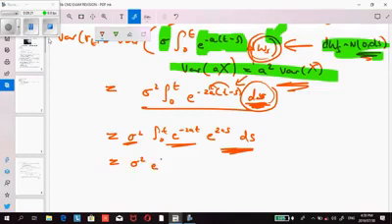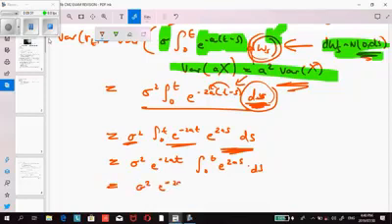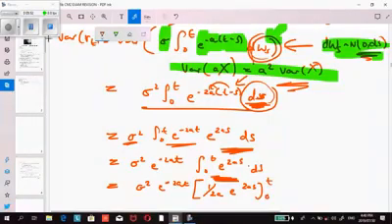I can take them out. So the integral from 0 to t of e to the 2as ds. Integrating here, I'm going to have sigma squared e to the minus 2at, then integrating this is no problem: it's 1 over 2a e to the 2as evaluated from 0 to t.